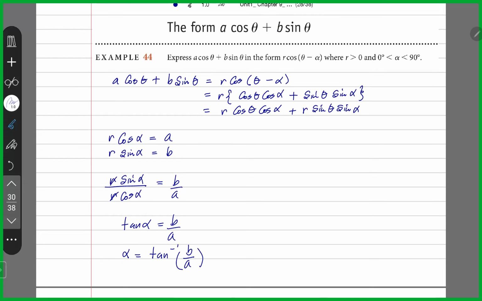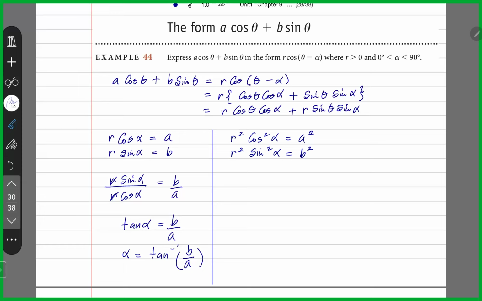What we need now to find is R. Now, if I square R cos alpha equals A, I'm going to get R squared cos squared alpha is equal to A squared. And if I square R sine alpha equals B, I'm going to get R squared sine squared alpha is equal to B squared.